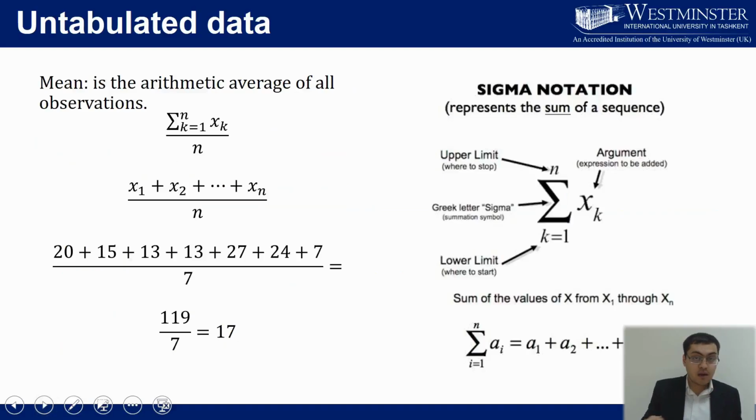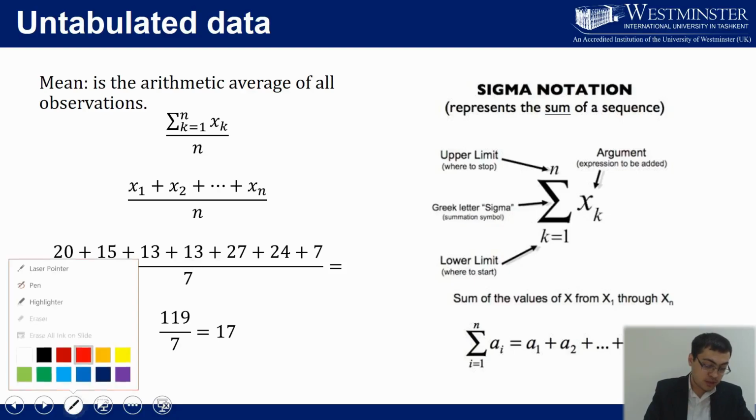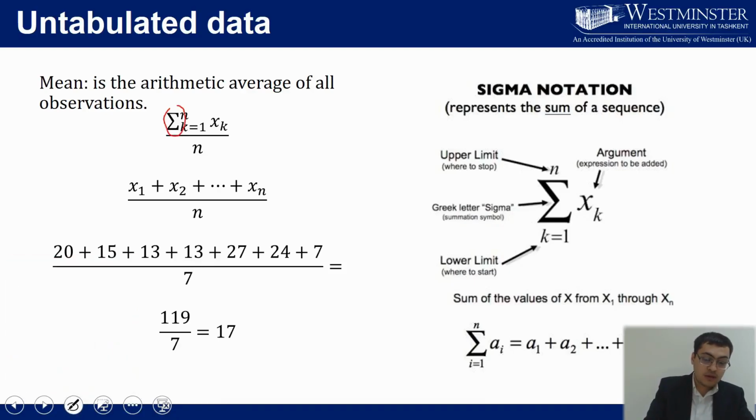Let's formulate our thoughts into something a bit more formal: the mean is the arithmetic average of all the observations that we have. What that means is we have to sum all the observations that we have collected, which is denoted by this sigma symbol here, known as the sigma notation. It's the Greek letter sigma, which symbolizes that you have to add everything that is given as an argument.